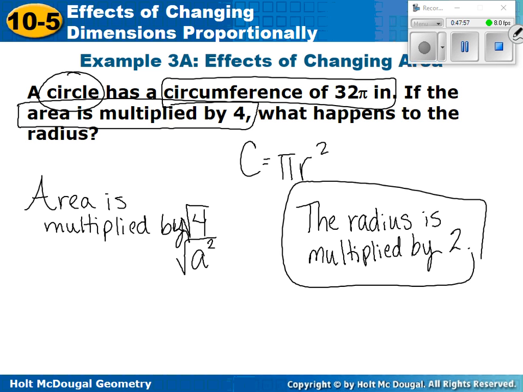It's multiplied by 2. The area is multiplied by 2 squared. If it has multiple dimensions and I'm only changing one of them, then I don't know what's going to happen to the perimeter, but the area will be multiplied by that same value. So if I multiply only the base by 2, then the area is multiplied by 2.